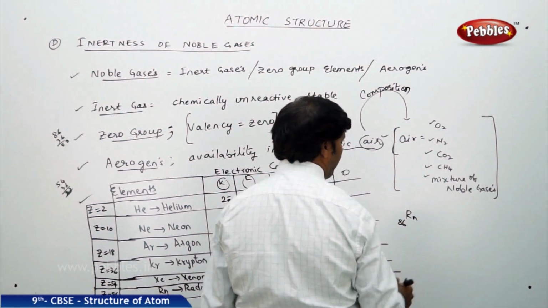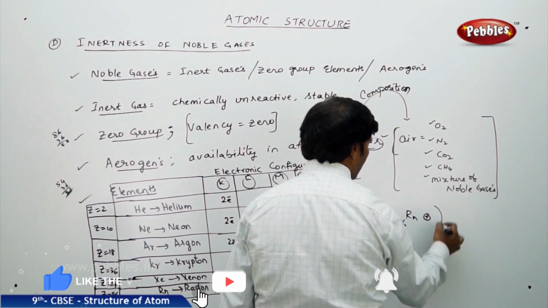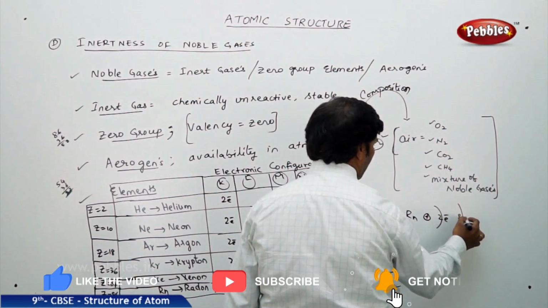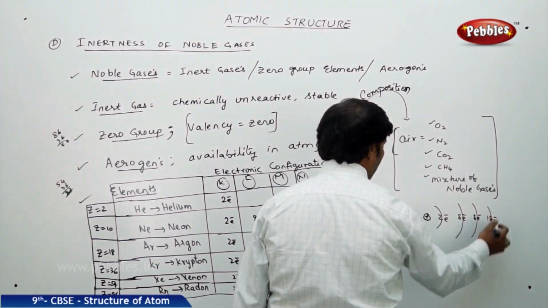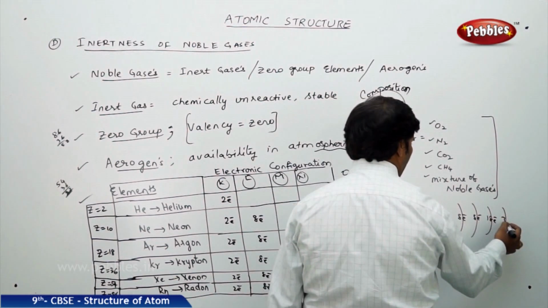Radon is 86, so I will just take it like this: 2 electrons, 8 electrons, 8 electrons, 18 electrons and 32 electrons.